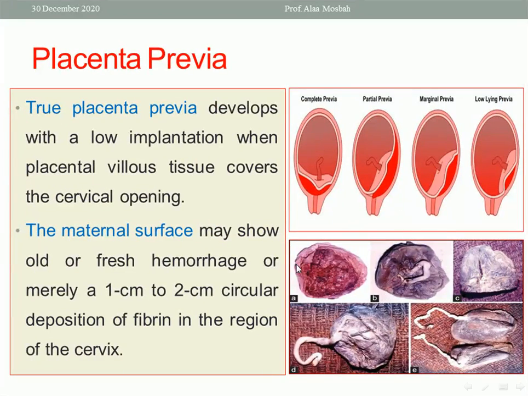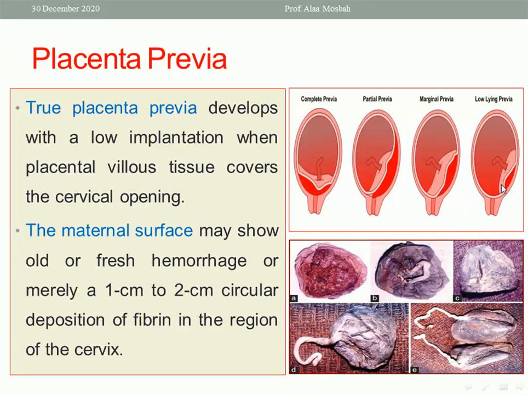Another abnormality in the placenta is abnormality of the site of implantation. We said that normally implantation of the placenta occurs at the upper part of the uterus in the anterior wall or posterior wall, while in placenta previa implantation occurs in the lower uterine segment covering the cervix or internal os here, and we have four varieties: complete previa, partial previa, marginal, and low-lying previa.